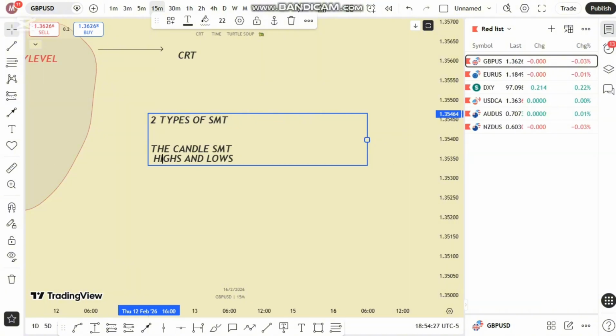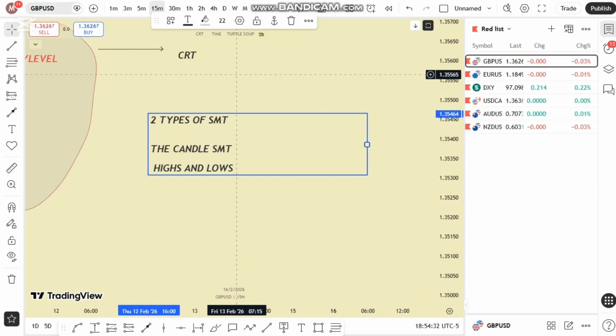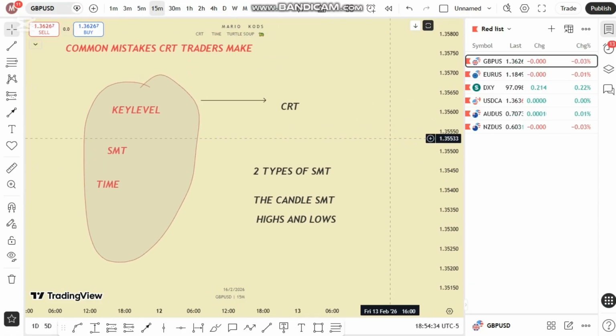The candle SMT and highs and lows are the two types of SMT we have.